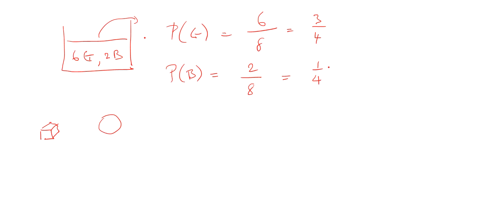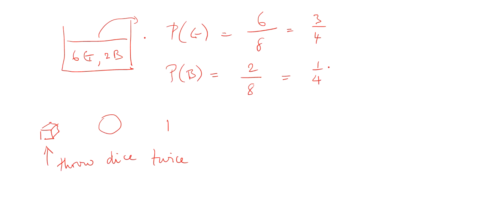So let's say I throw a dice, right? And I ask you what is the probability. So I'm talking about the dice here. So if I throw it twice, so you throw the dice twice, right?